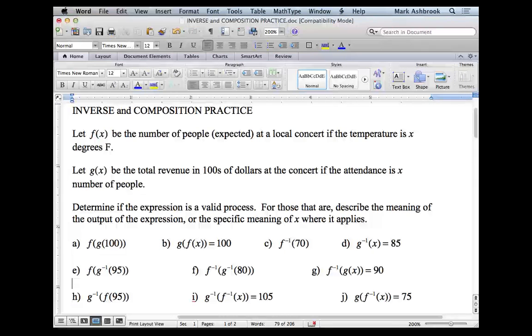You don't know what the number is, but you should know what it represents. Like a statement that says, this is the profit if 100 people attend, or something like that. Does that make sense? Okay, talk it over with the person next to you. Do as many as you can. Get through as many as you can.